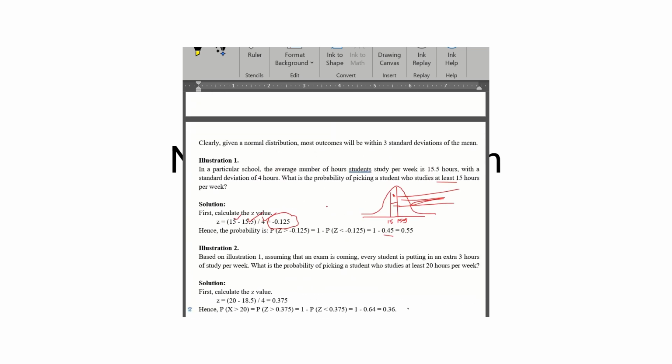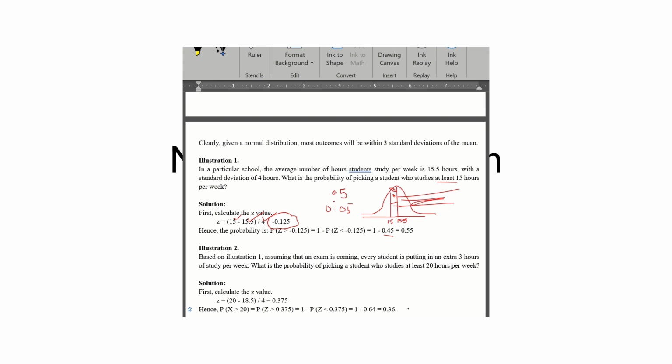So if you have 0.05 as the value here, then we know already that this is midway, the middle of the curve, which means these people studying above 15.5 hours are already 50% of the students, which is 0.5.